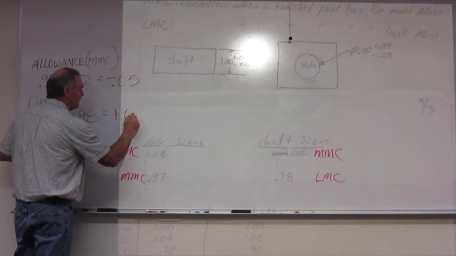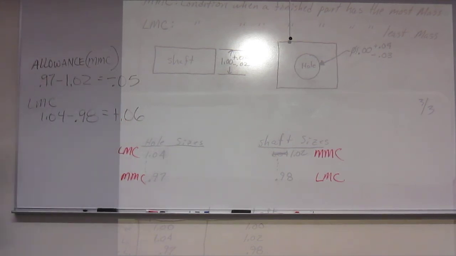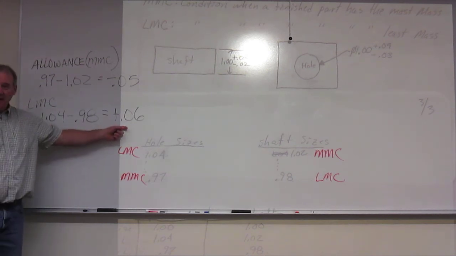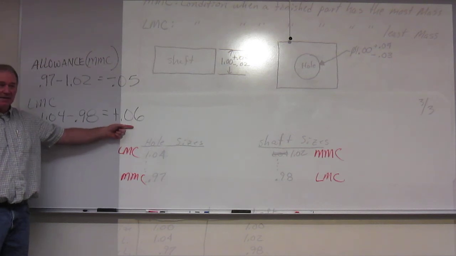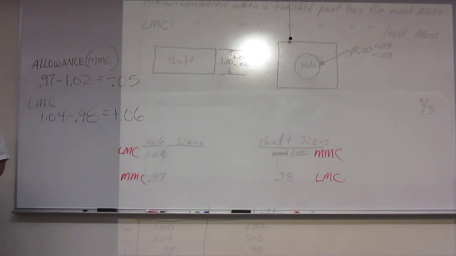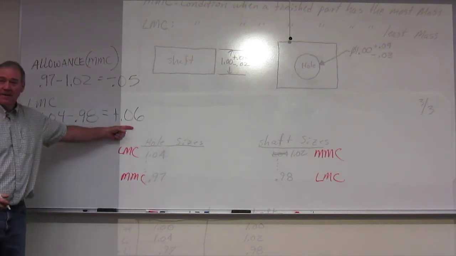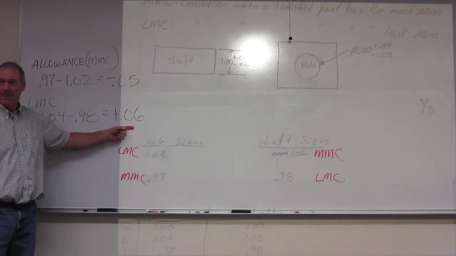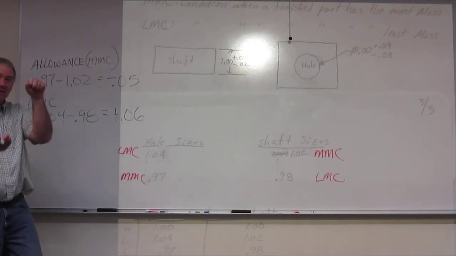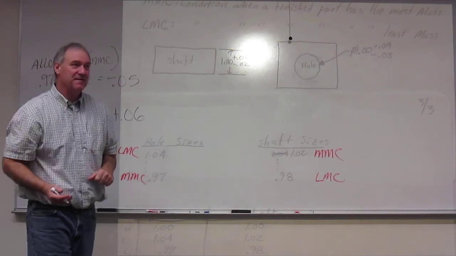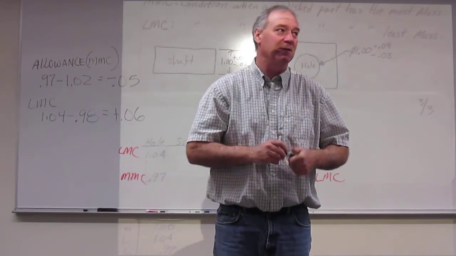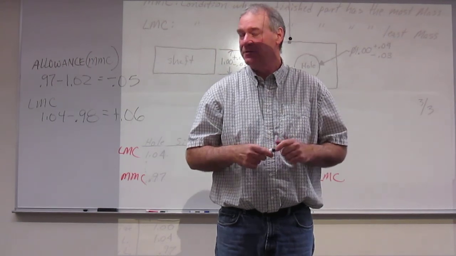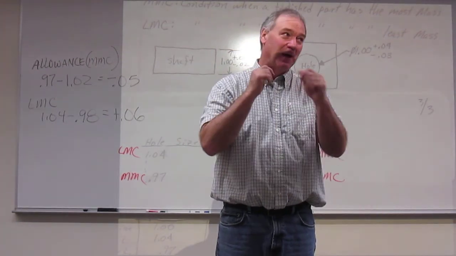A plus 0.06 if I did my math correct. Okay. So this can happen too, and the parts are still acceptable. Here, I don't need a machine to help me join these. But what it does tell me is I've got some slop here. These things are banging a little bit, right? You've got a 1/16 of air in there. So if this shaft and this wheel are turning at 6,000 revolutions per minute, I'm going to get some wear.